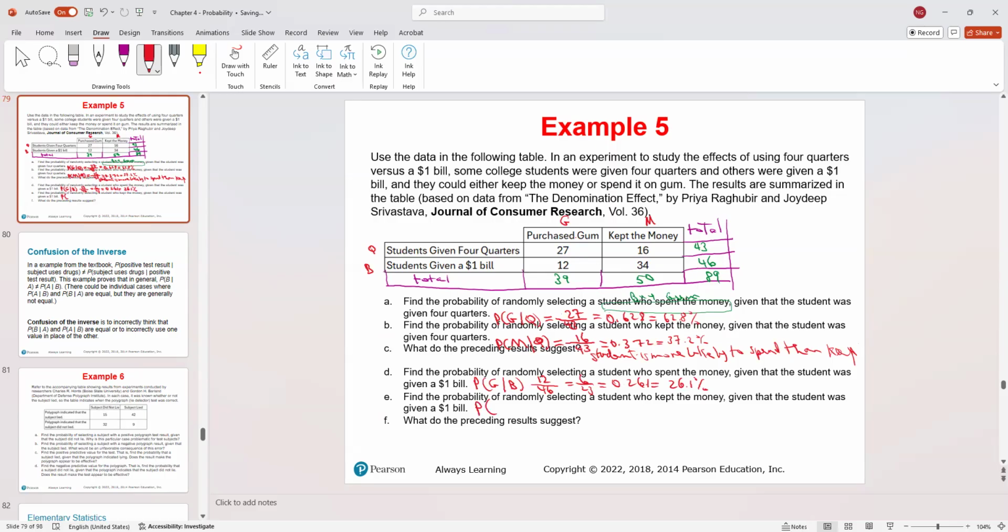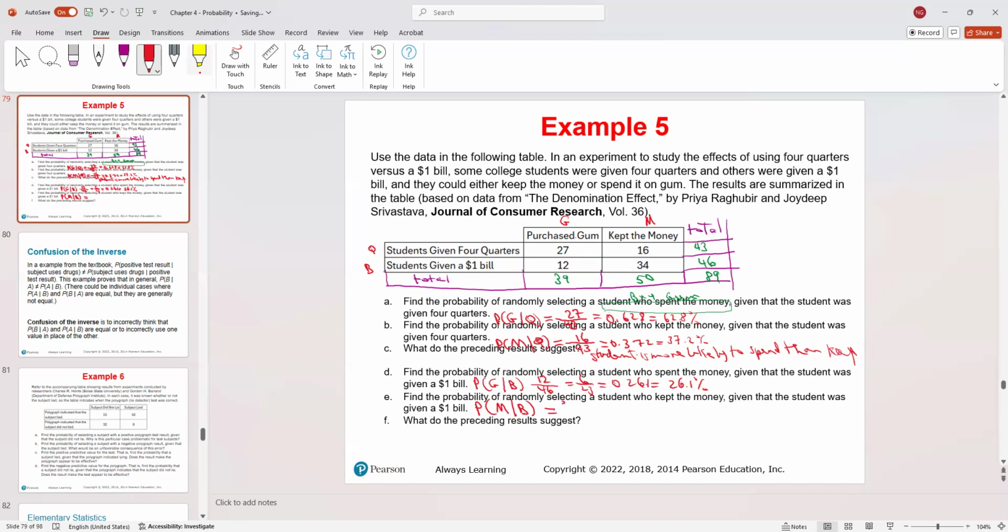Find the probability of randomly selected students who keep the money. The probability of keeping the money, M, given that the student was given a $1 bill, B. Find the intersection. What is the intersection between these two?